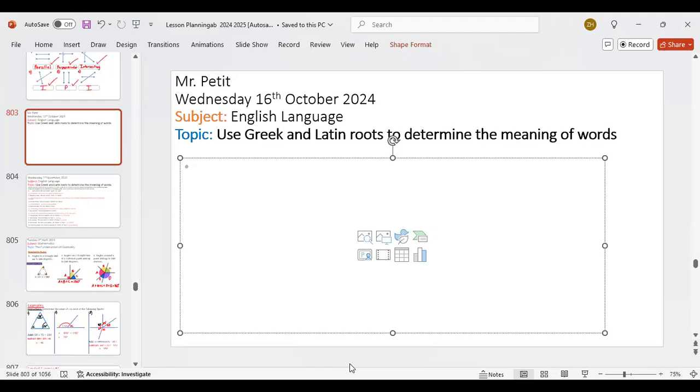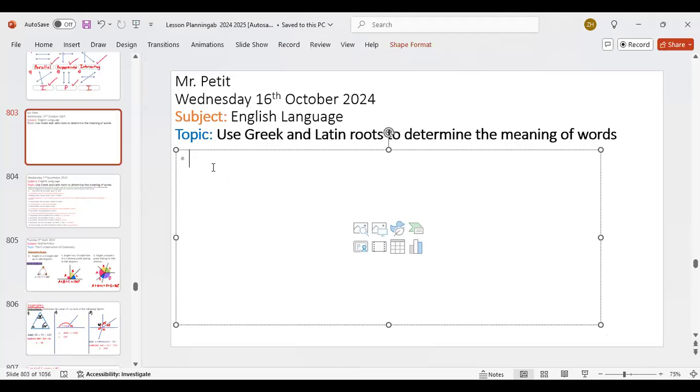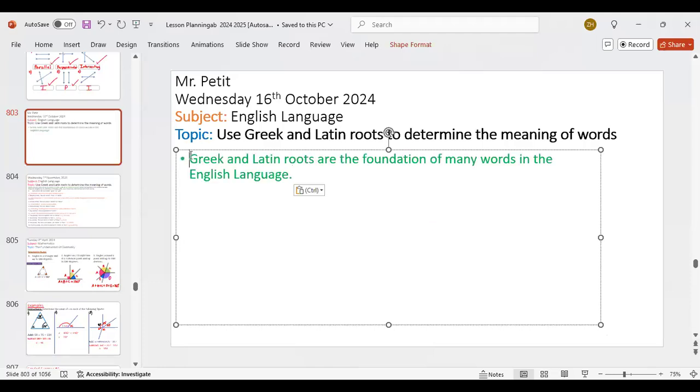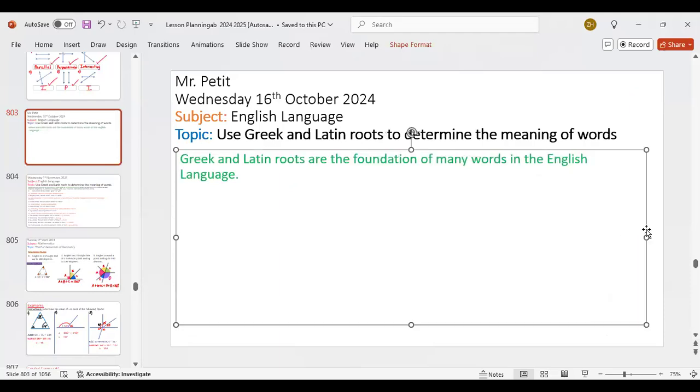Do you know? I don't know if y'all know this, but write this down for me. Greek and Latin roots form the foundation of many English words in the English language. So if you know the root, then you could determine what the word means, even if this is your first time with the word. I know we say we speak English, but the words in English come from different backgrounds.